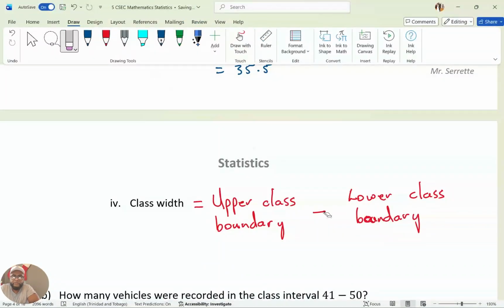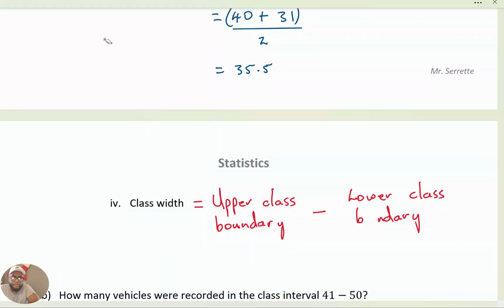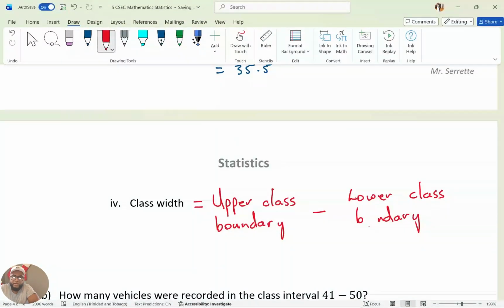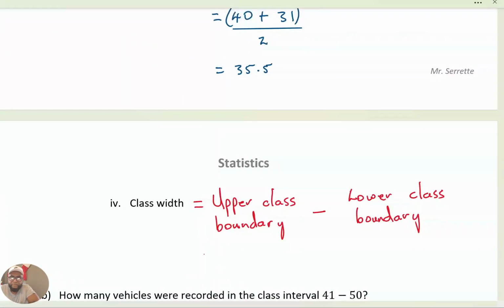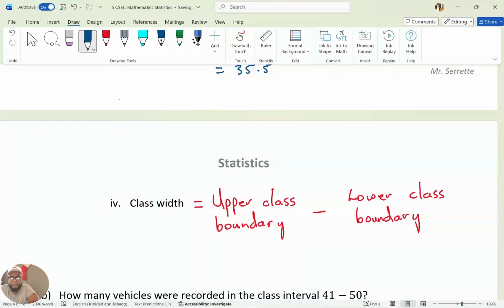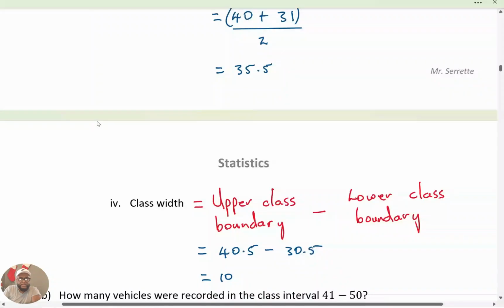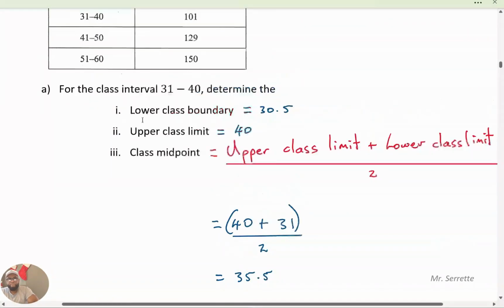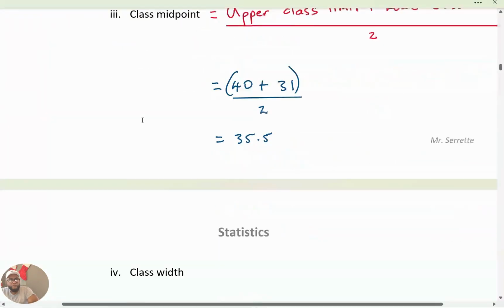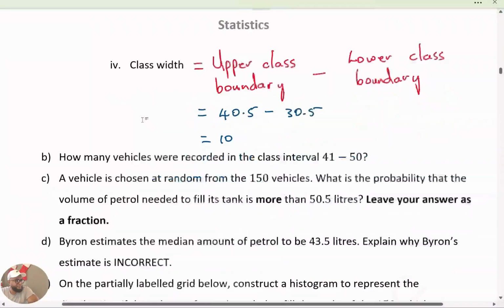No. Right, good. So somebody tell me, what's my upper class boundary for that class interval we considered? 40.5, excellent. So it's 40.5 minus 30.5, which will give me 10. All right, everybody good there?